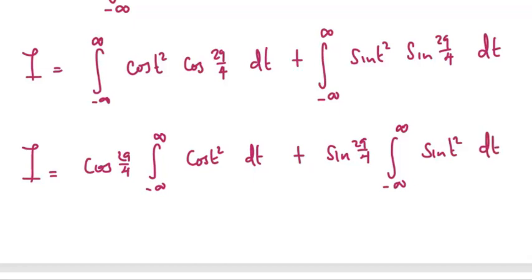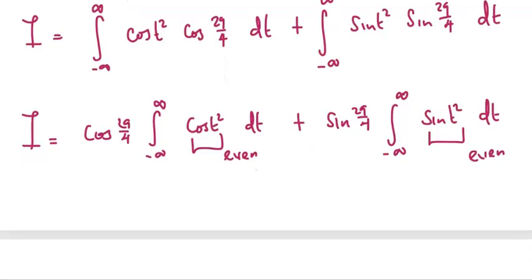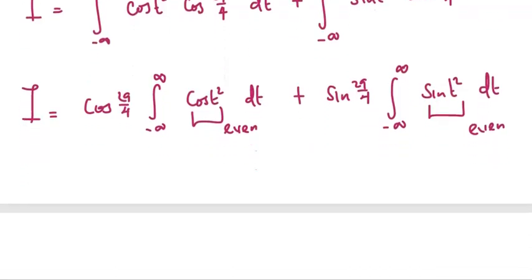One thing you need to know is that this function here is even, right? And this one here is also even. Why the sine of t squared is even is because of the t squared there. The t squared is even. For all negative values of t, it is positive.